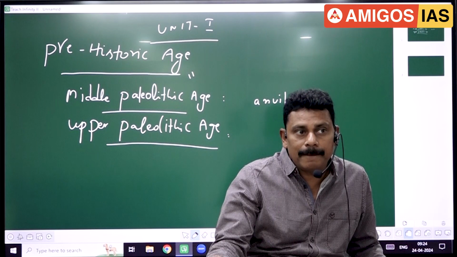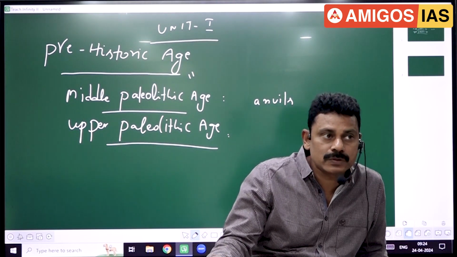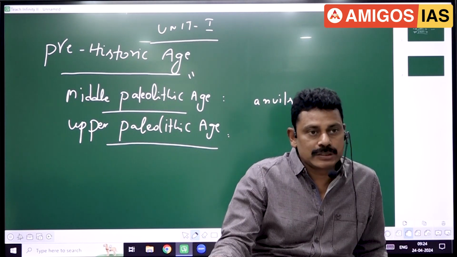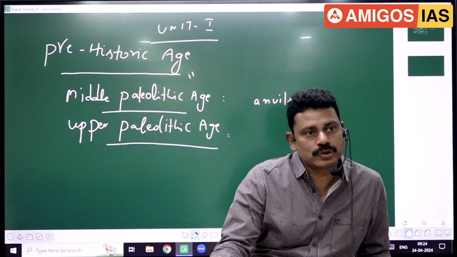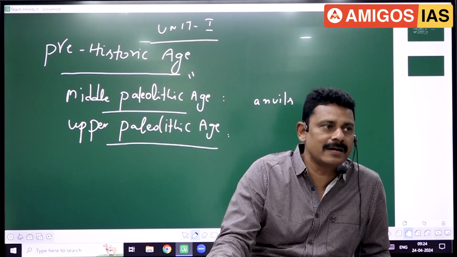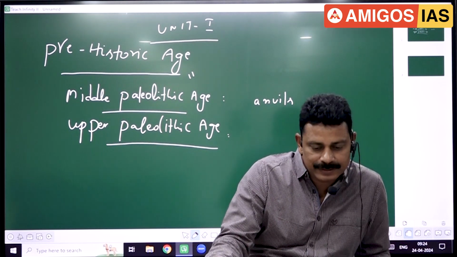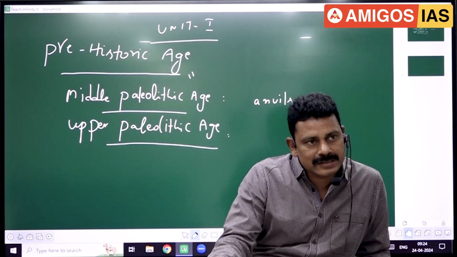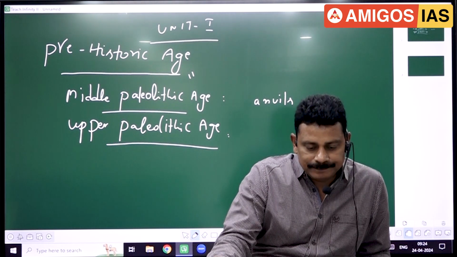With the end of the Upper Paleolithic period, the Pleistocene era also comes to an end. The Pleistocene period ended in 10,000 BC. So this Paleolithic period also ended by then.